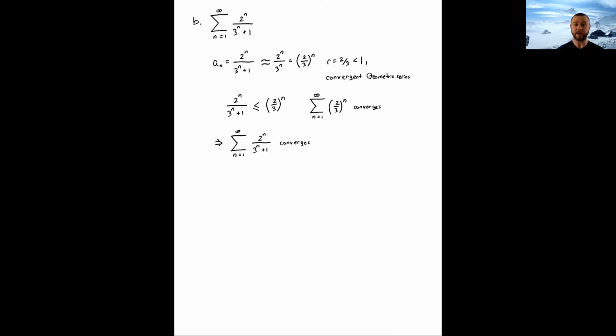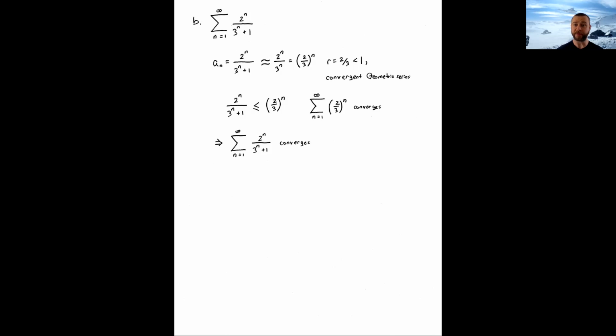And as it turns out here, we can use the same large n estimation for the bigger term. We can take our term, 2 to the n divided by 3 to the n plus 1, and get a bigger fraction by making our denominator smaller. Again, we're making our denominator smaller here by getting rid of that plus 1.